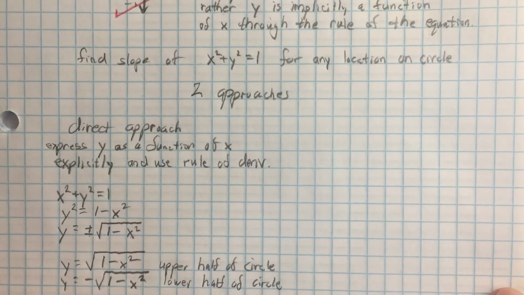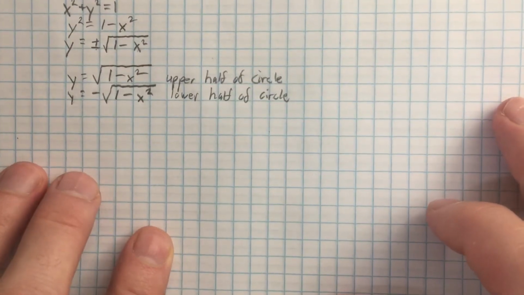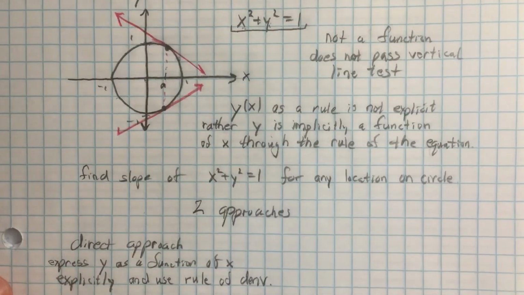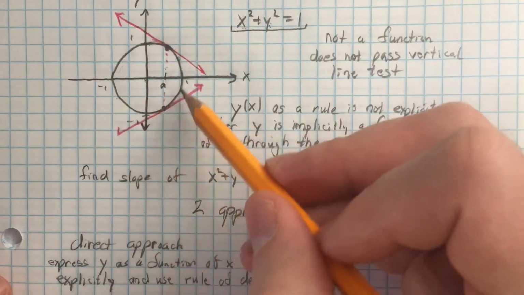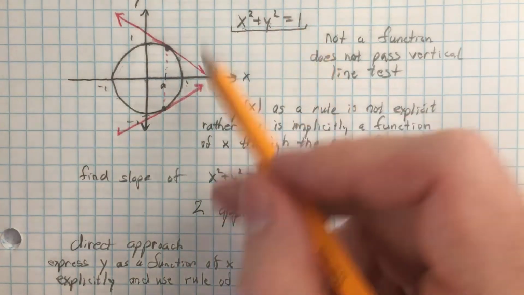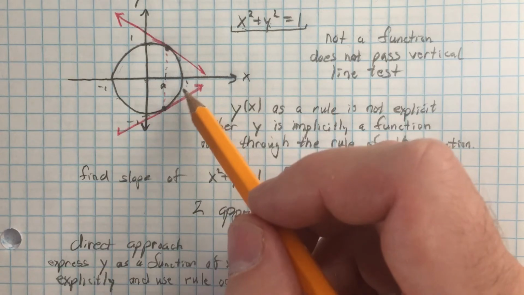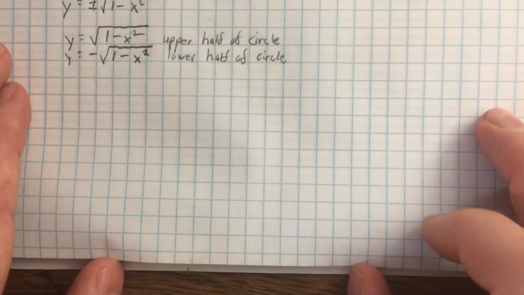Okay. So at this point, now that we've got them separated like this, each one is certainly a function, right? Look at the picture. The upper half of the circle is a function. It would pass the vertical line test. The lower half of the circle is a function. It would pass the vertical line test. So we just split our relation into as many pieces as we need that all separately are functions. Okay? Then you just take the derivative in the usual way.